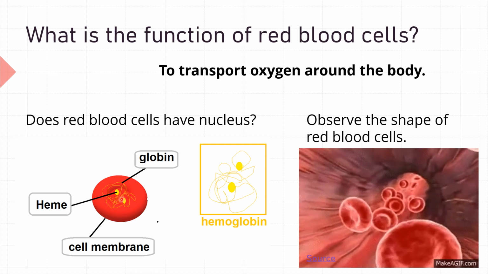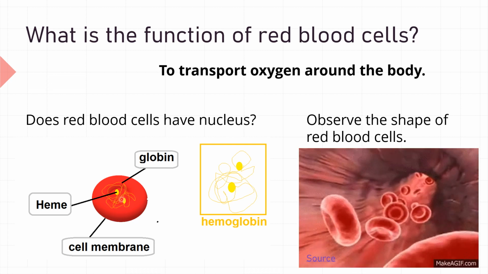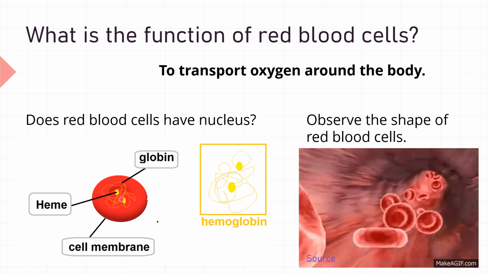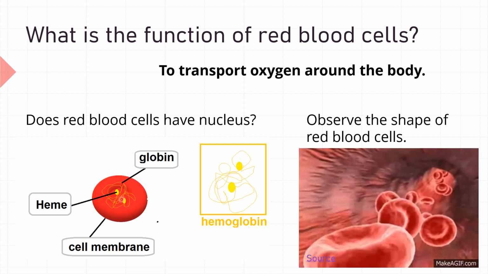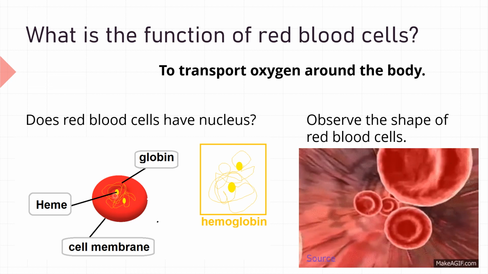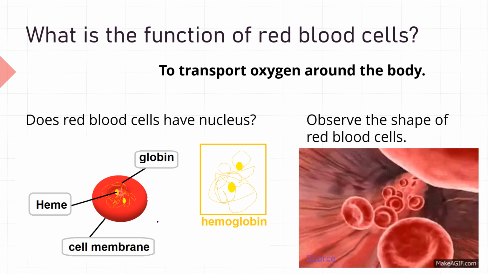It does not have a nucleus, which means that inside of the red blood cell you don't have DNA or genetic material. The reason is that when you don't have a nucleus, the red blood cell will have more space inside so that more hemoglobin can be inside, or in other words, more oxygen molecules can bind.